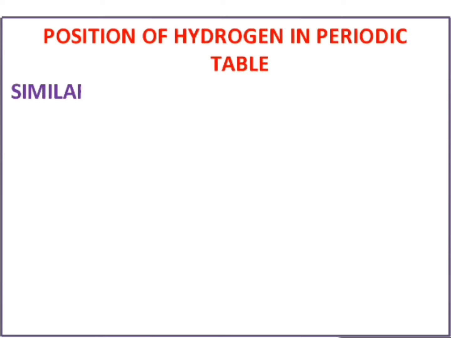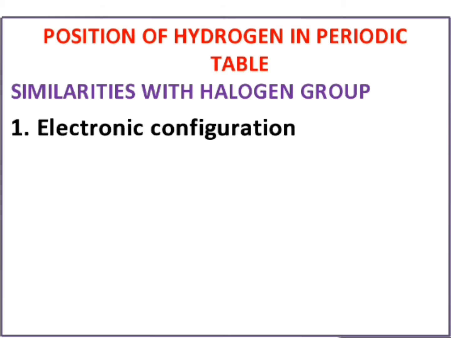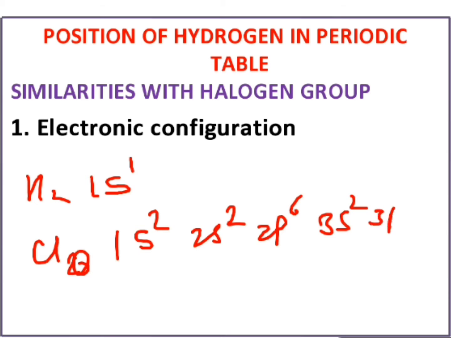Second, we will see the similarities with halogens. Halogens means group 17. First similarity is electronic configuration. Hydrogen has configuration 1s1, and if I take one example of halogen, that is Cl, the configuration of Cl is 1s2, 2s2, 2p6, 3s2, 3p5.